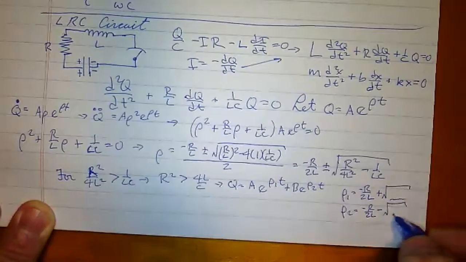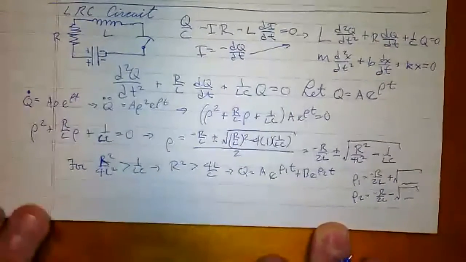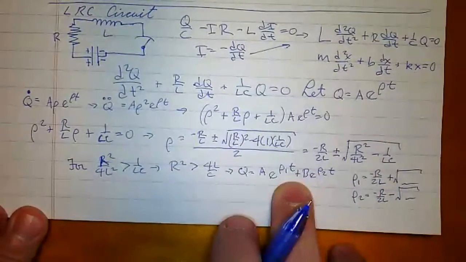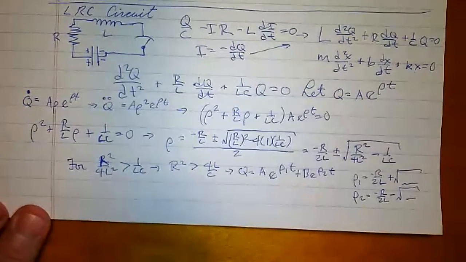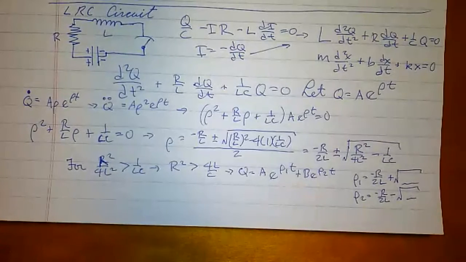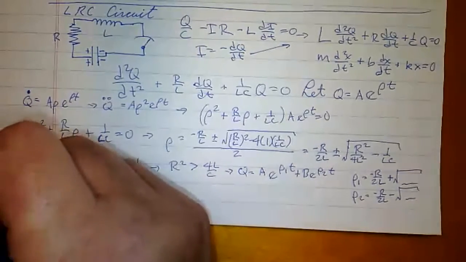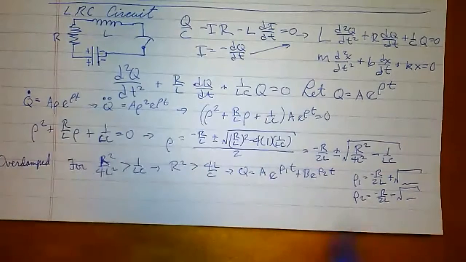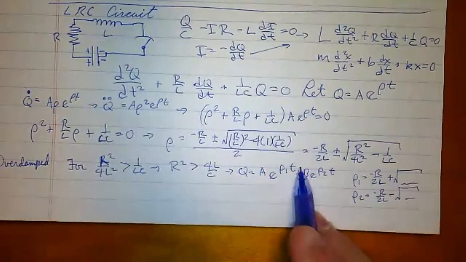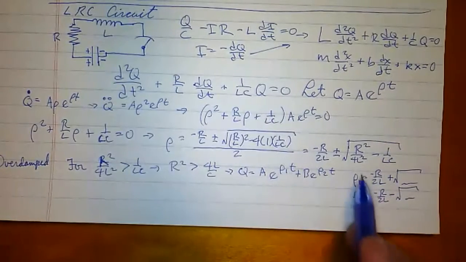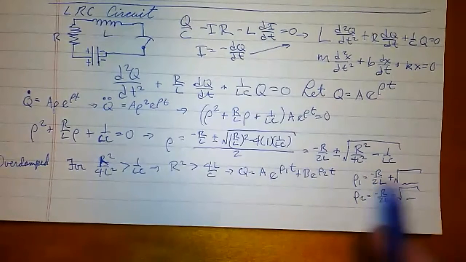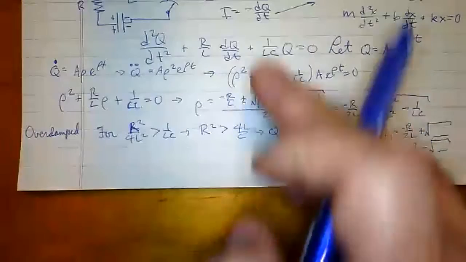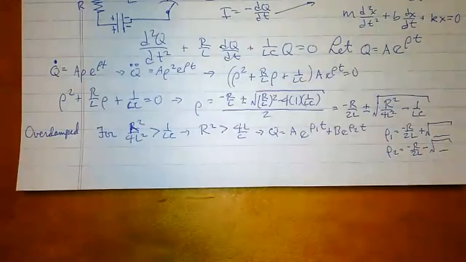So that's one case, and that turns out to be the overdamped case. Notice that without the i up there, the e to the t is just an exponential decay. So these are just two exponential decays. It's overdamped, it's never even going to oscillate. It's just going to go like that, right?